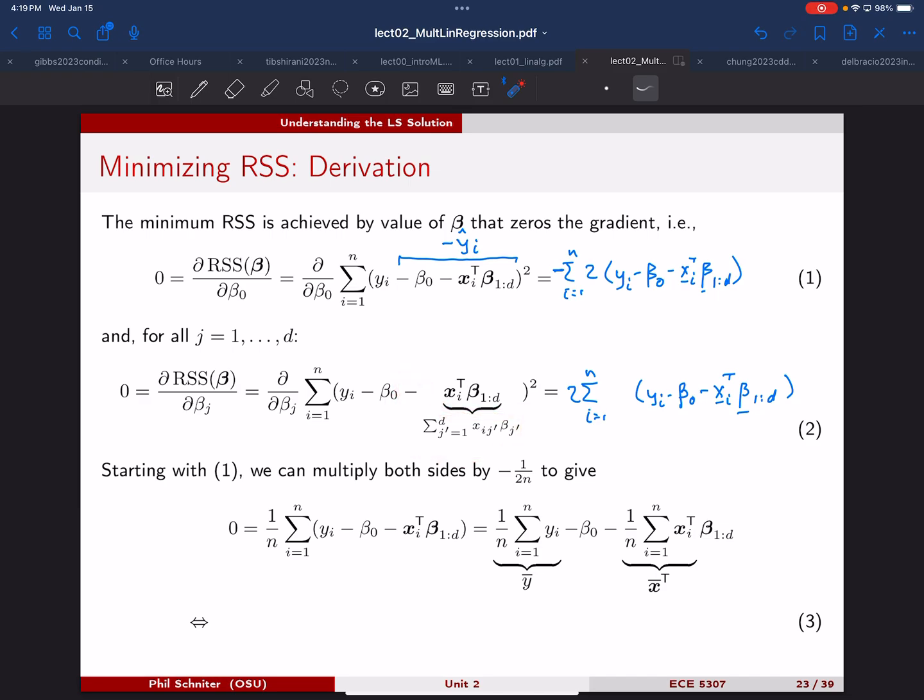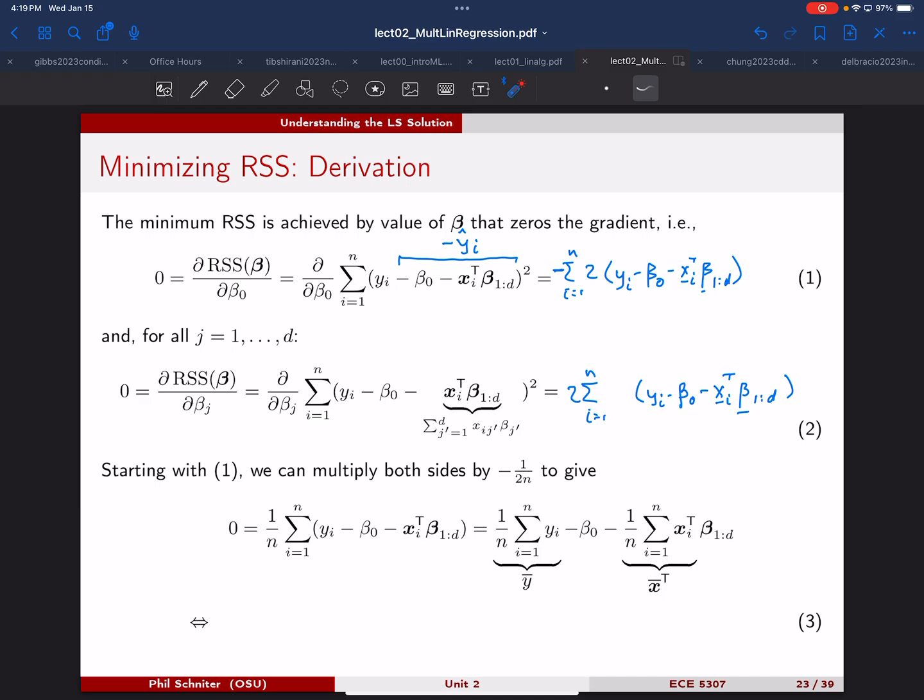And so again, because of linearity, I can move this partial derivative through that sum, and then I can apply it to this. So now there are basically two cases. Either j prime is equal to j, or j prime is not equal to j. If j prime is not equal to j, the derivative vanishes.